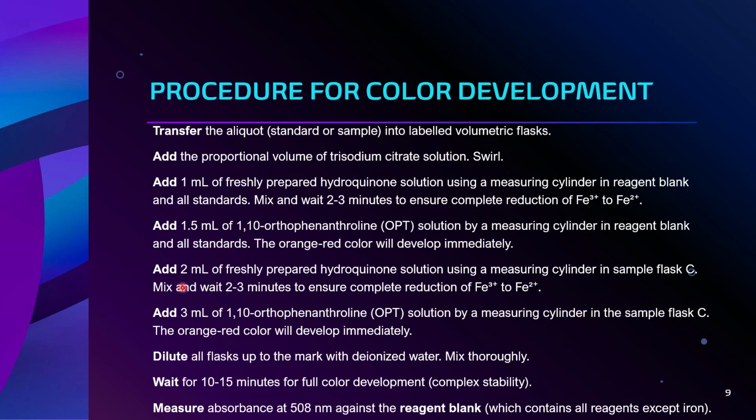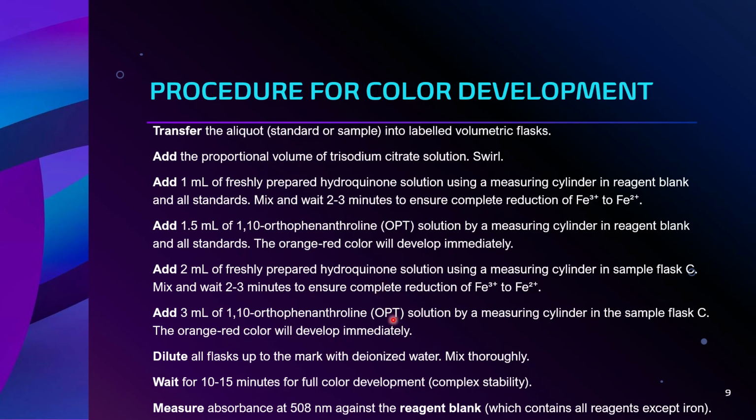So in flask C, in which you have already taken 5 ml of liquid from flask B, you need to add 2 ml of freshly prepared hydroquinone, and then after waiting for 2 minutes you add 3 ml of 1,10 orthophenanthroline. When you add 3 ml of OPT, an orange red color is immediately observed.